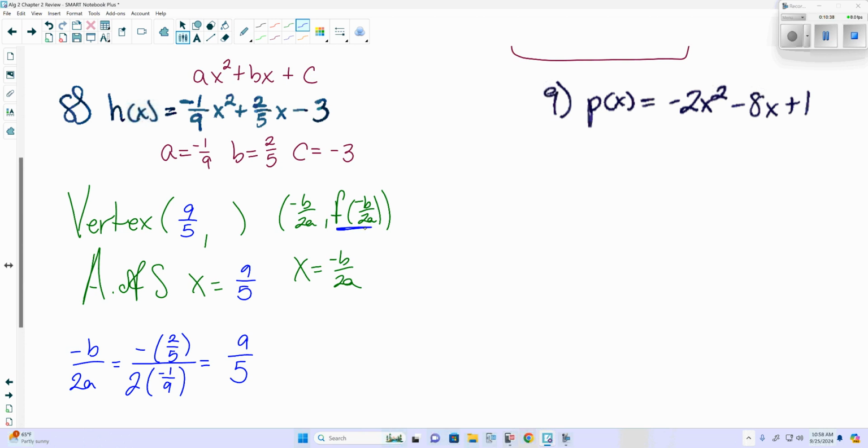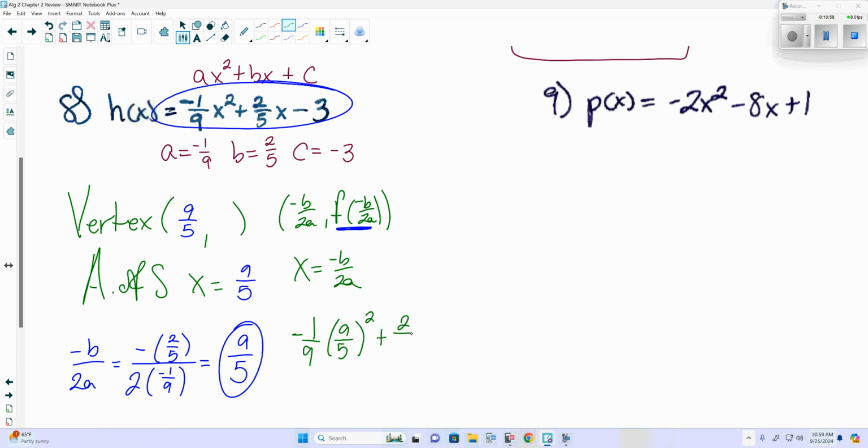Now the only thing we have left to do is to find the f of negative b over 2a. All that means is take that value we found, 9/5, and plug it back in the equation for x. So we would have negative 1/9 times 9/5 squared plus 2/5 times 9/5 minus 3.